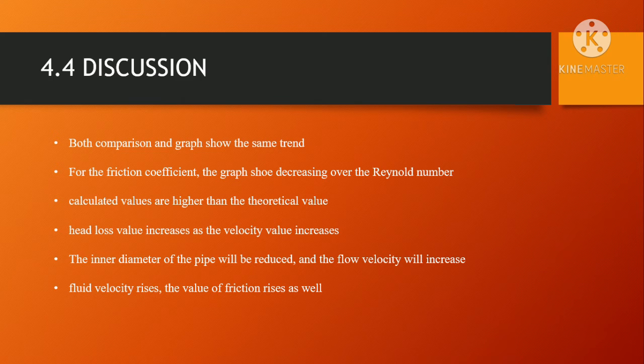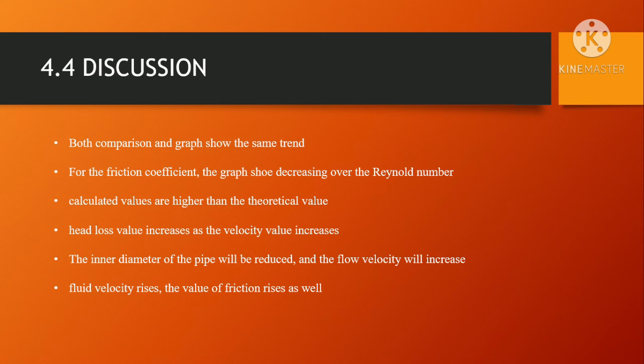So next, 4.4, which is discussion. From the graphs above, we can see there are 8 different graphs for the comparison between the calculated and measured values for the head loss and the friction coefficient for all data. Both comparisons and graphs show the same trend, where the head loss increases along with the volume flow rate.